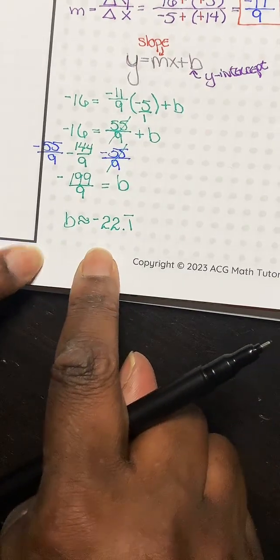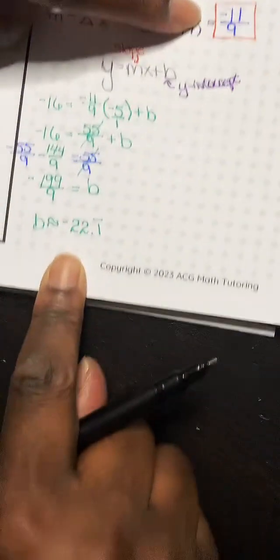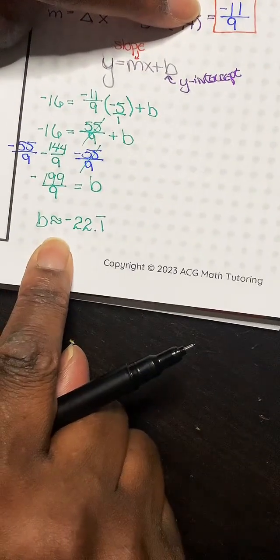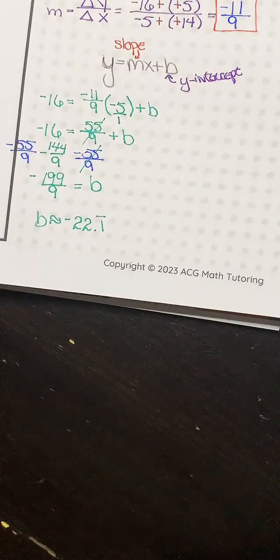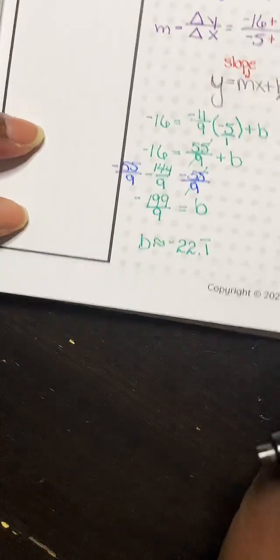So, you found the slope. We found the y-intercept. So all we have to do is put it together to get our equation. So let me slide in there.